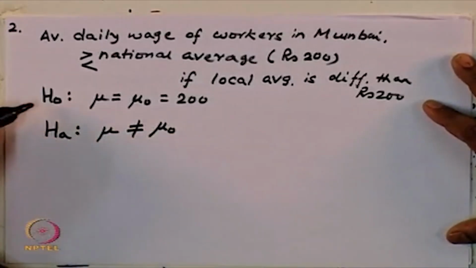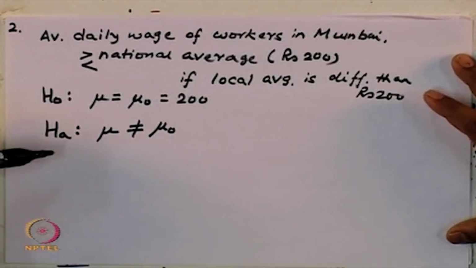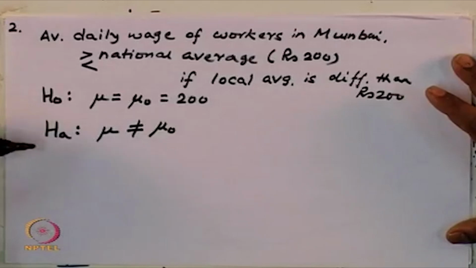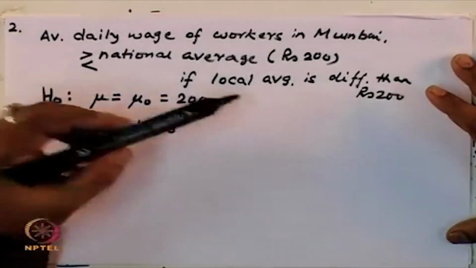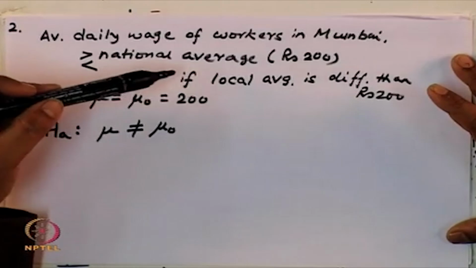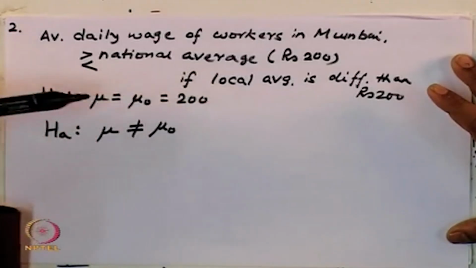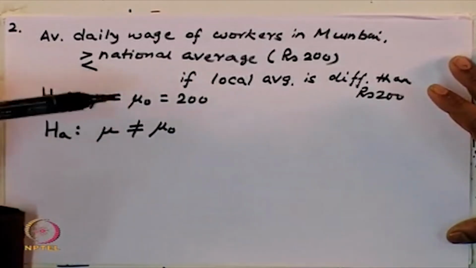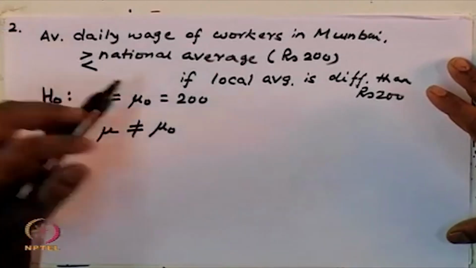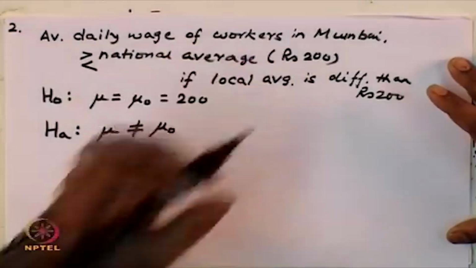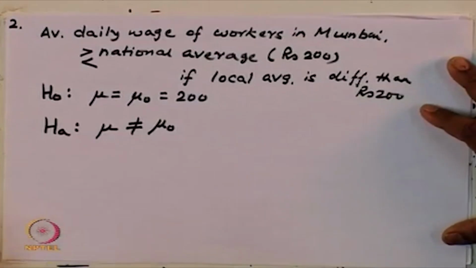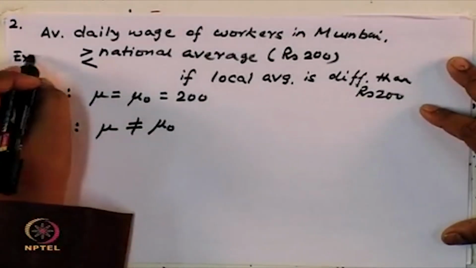So, this is your null hypothesis and this is your alternative hypothesis. In this particular example, we do not discriminate whether the local average is greater than or lesser than the national average. We want to know whether this average is significantly different from whatever is offered nationally. So, this is example 1.